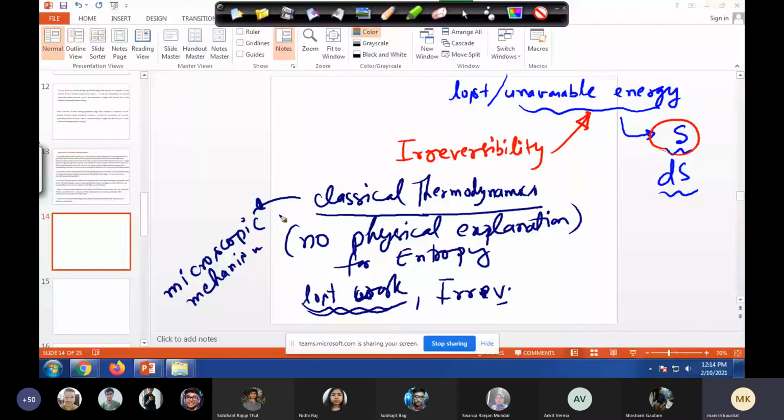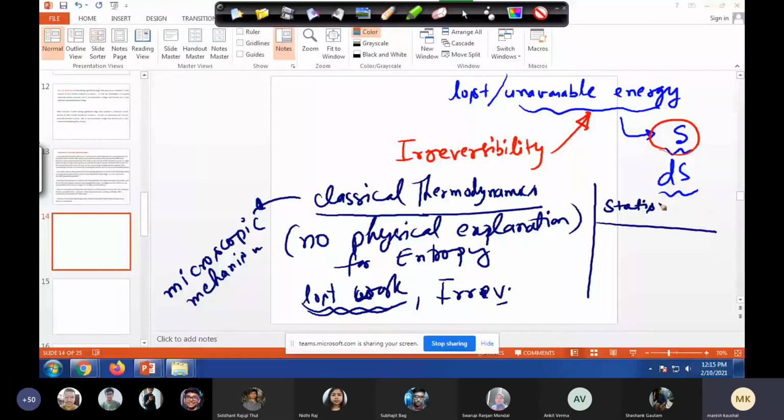So once we finish this approach of classical thermodynamics and we define entropy, which Clausius did, then we'll go to a more insightful or more fundamental approach to understand entropy, that is statistical thermodynamics. I will give a small journey, we will just travel for some time in this domain.